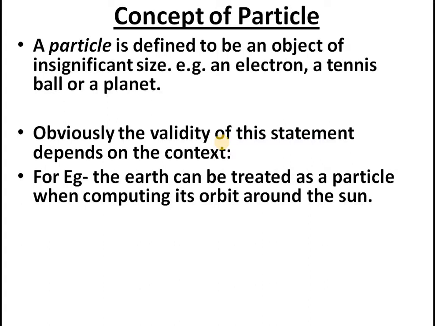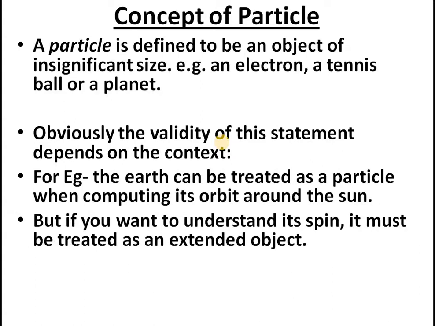Or if you discuss the motion of the Earth with respect to the solar system, or you discuss Sun with respect to a galaxy, or in the universe, if you count the universe as a ball, then Sun is simply a dimensionless particle, a point. Even though Sun is enormously large, but in this particular context, Sun is simply a particle. So the sense of saying particle depends on the situation.